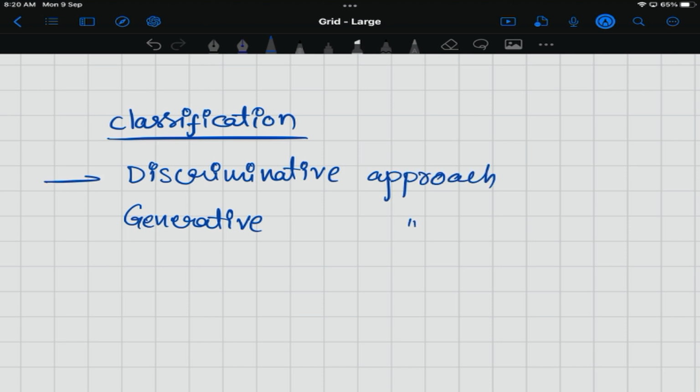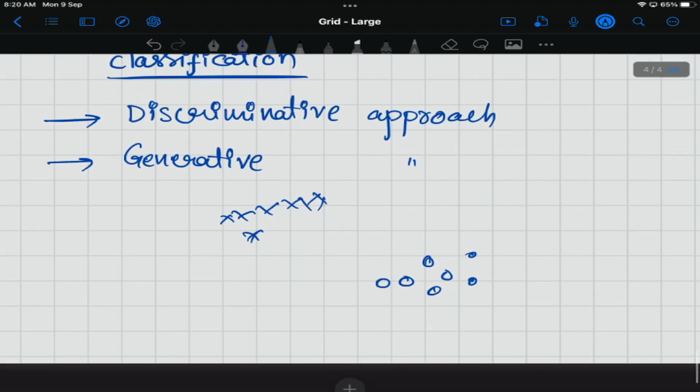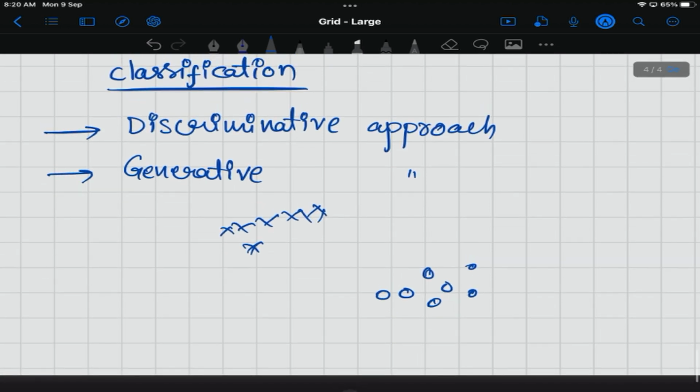In the discriminative approach, suppose you have a binary classification data set, class 1 and class 2. Then we will only focus on learning the hyperplane or the decision boundary. Only the boundary we'll try to learn.